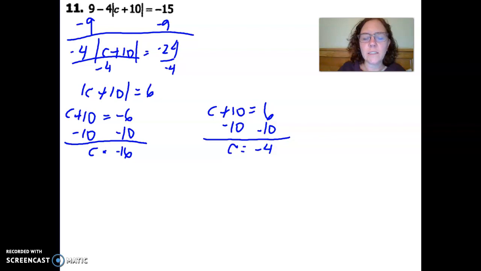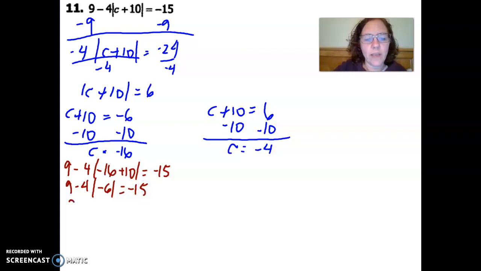All right, let's check and see if either one of those is extraneous. So I'll put in the negative 16 first. And again, I'm not going to subtract that 9 and 4. I'm going to do the order of operations. I'll do what's inside the absolute value bars first. Negative 16 plus 10 is negative 6.